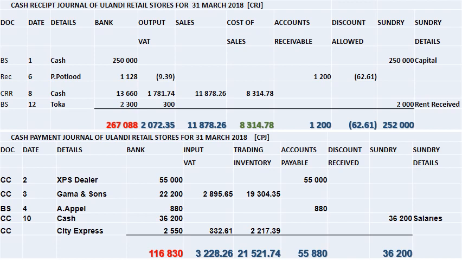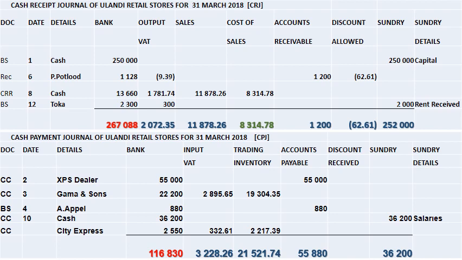Total for discount allowed, 62 rand 61 cents. The total for the sundry column, 252,000 rand.